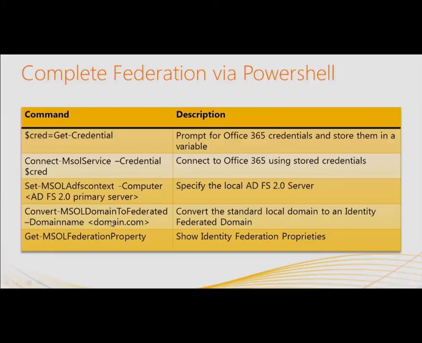Then we will need to convert our domain from a standard domain to a federated domain. So Office 365 will learn that the domain, for example contoso.com, will no longer be a cloud identity but a federated identity, and will need to look for authentication and credentials on our on-premise system.